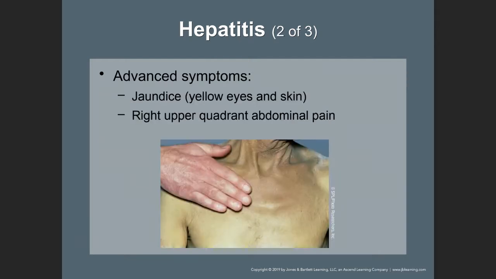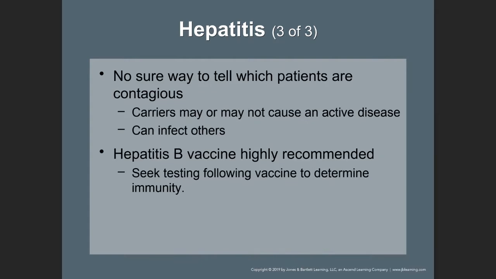Advanced symptoms would include jaundice, which is yellow eyes and skin, and they will complain of right upper quadrant pain to the abdomen. There is no sure way to tell which patients are contagious, right? It's impossible.